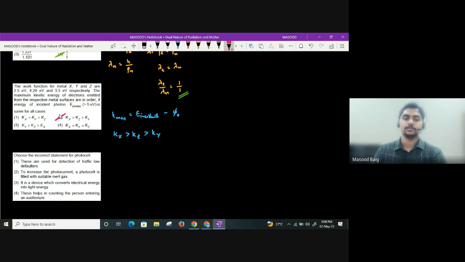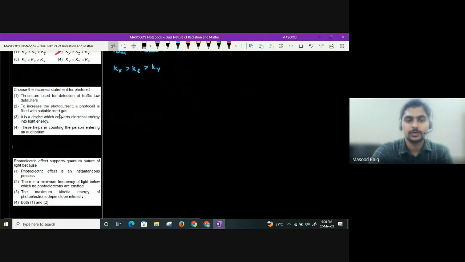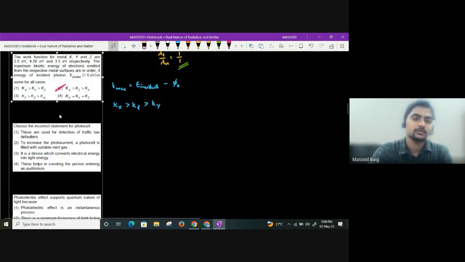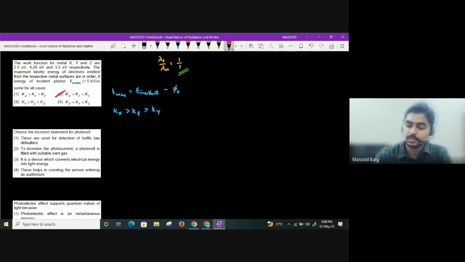Direct question again. Choose the incorrect statement for a photocell. A photocell is that particular device which is used to convert light energy into electrical energy, guys. So they are saying these are used for detection of traffic law defaulters. Yes, that is correct.